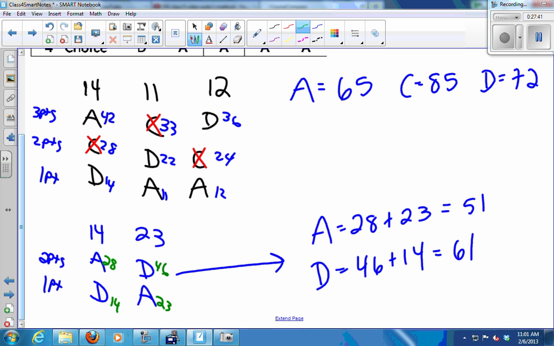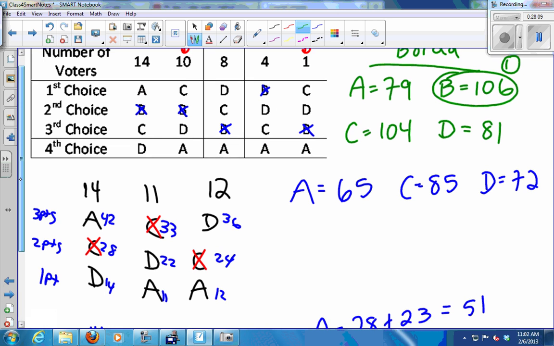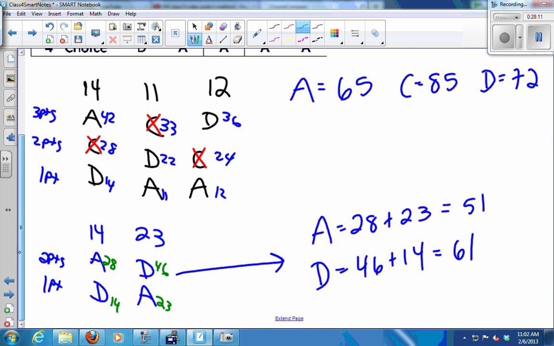So we give D third place, and then A has to get last place. So for Borda, the placing came out the same in this case. Not always like that, but Borda came out B, C, D, A using both recursive and extended. All right. Questions on Borda?